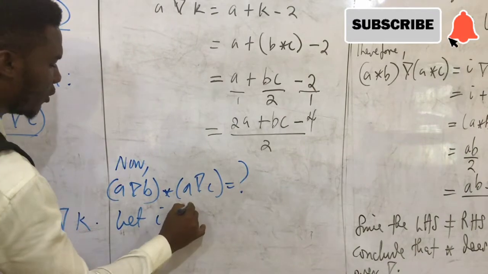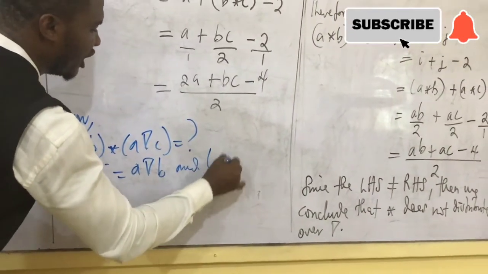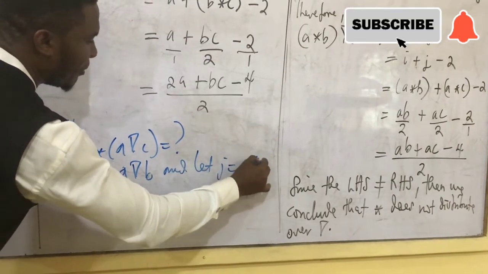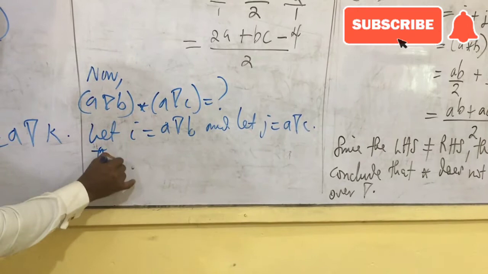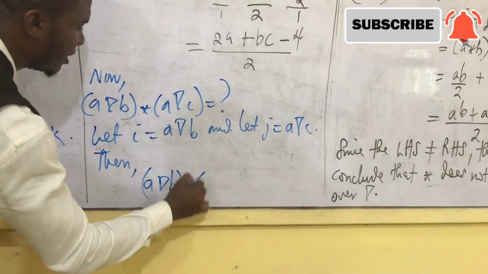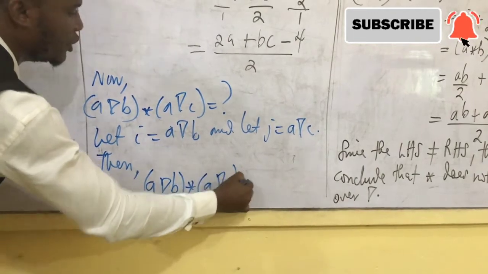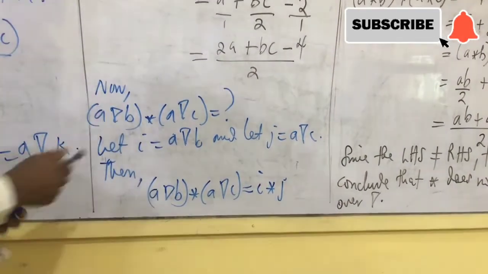Let i equal a nabla b and let j equal a nabla c. Okay? Then what happens? A nabla b asterisk a nabla c will reduce to i asterisk j in this case.